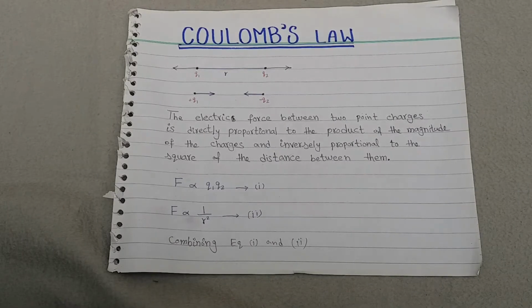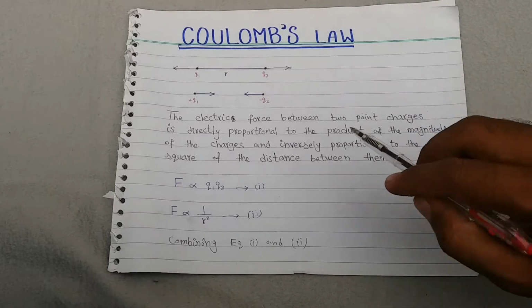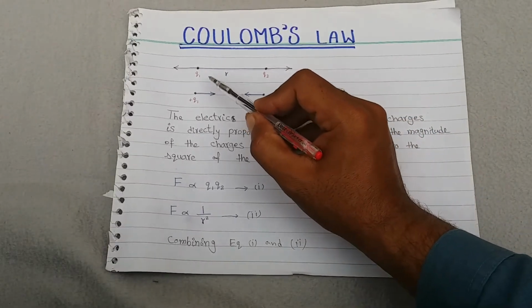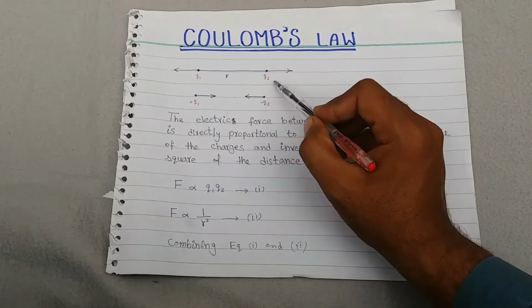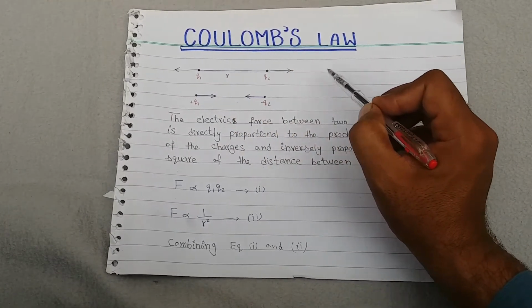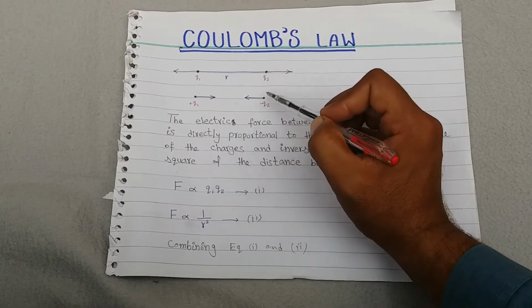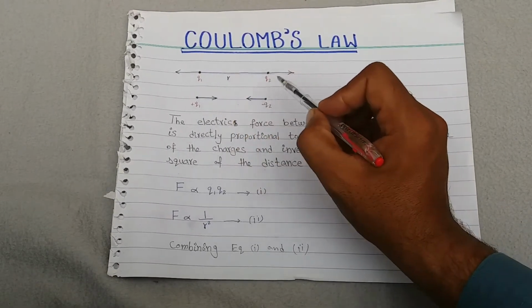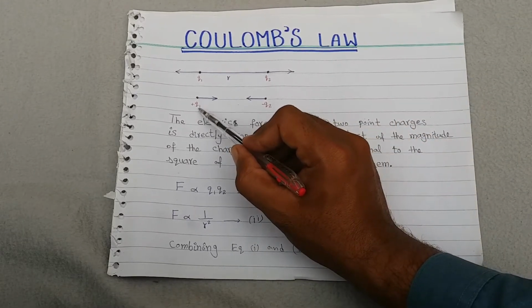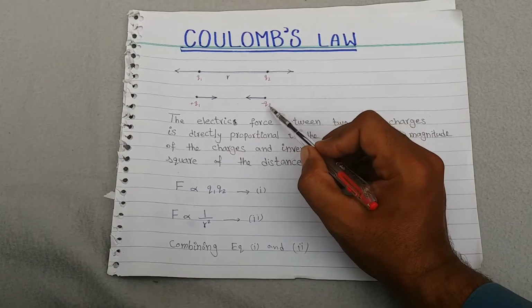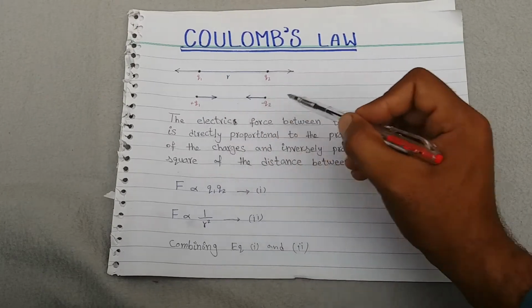Next we are going to discuss Coulomb's law, which is a very important law in electrostatics. When we discuss Coulomb's law, we take 2 point charges named Q1 and Q2. If both are positive charges, they will repel each other. If both Q1 and Q2 are negative charges, they will again repel each other. If Q1 is a positive charge and Q2 is a negative charge, they will attract each other.